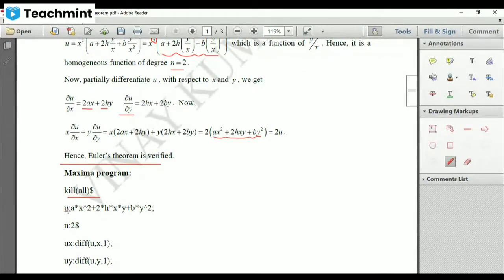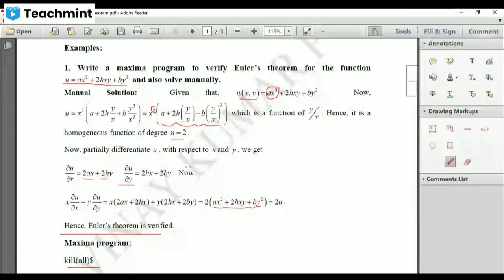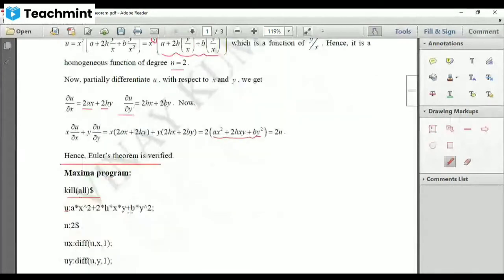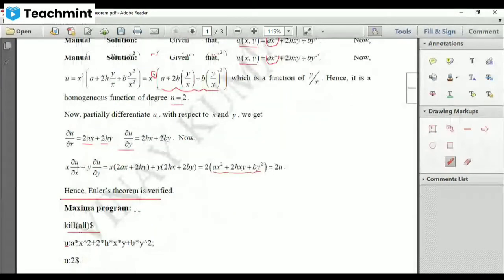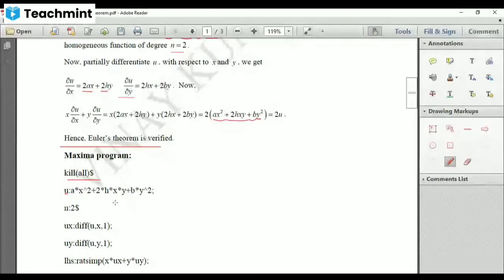Simply I've written u as one temporary variable. So u colon, what is your function u? a into x^2 plus 2 into h into x into y plus b into y^2. That is our u. We want to display this, so put a semicolon.